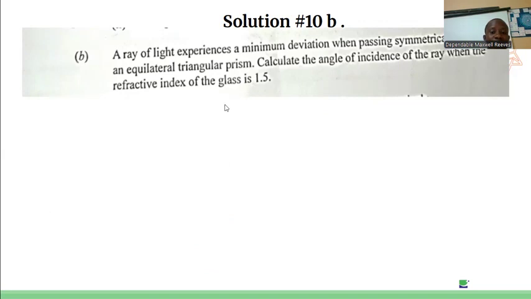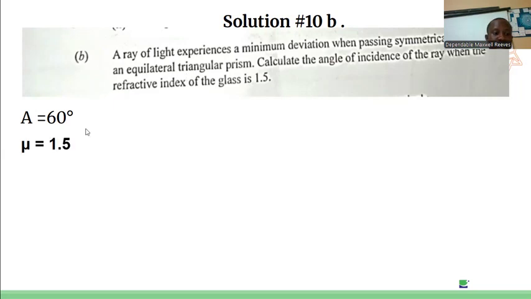Let us firstly set our data. Since this triangle is equilateral, the angle of the prism is 60 degrees, because an equilateral triangle has all its angles equal to 60, 60, 60. So the angle of the prism A is equal to 60 degrees.